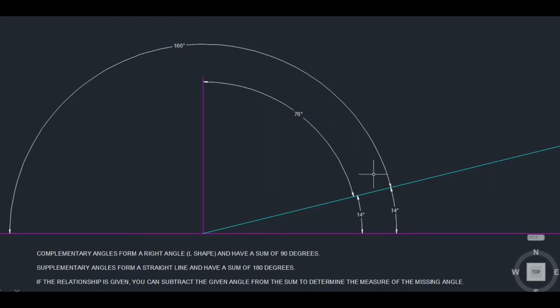They both add up to 180 degrees. So anytime you have a given angle and a sum to determine the measurement of the missing angle, you should be able to create your supplemental angle.